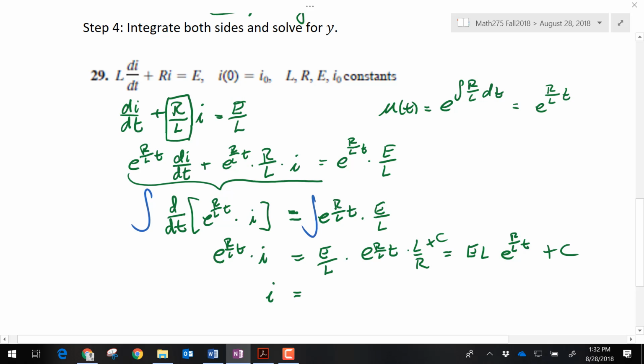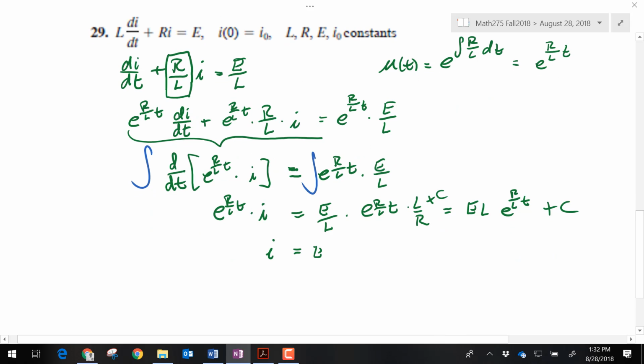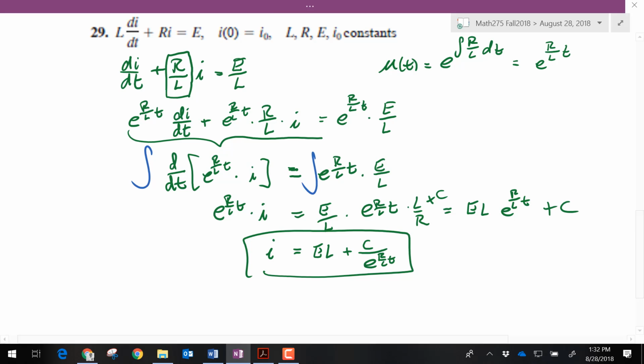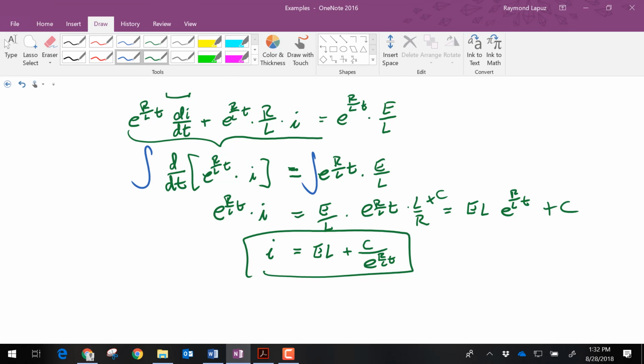Plus C. And so we divide by this thing, we're going to get E over R, and then if we divide this, then that's gone, and then we have a constant over e to the R over L t. Okay? Am I done? Not quite done.